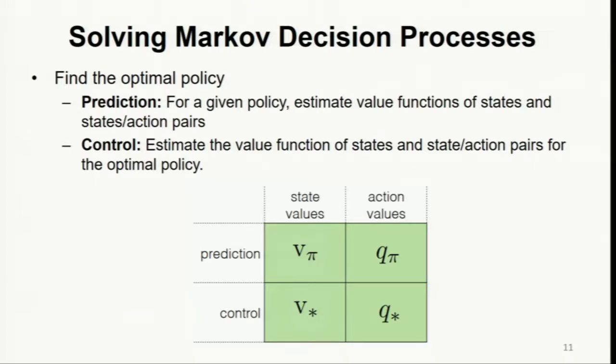We have 2 ways to do it. There are 2 objectives. The first one is called prediction. You are not allowed to find the policy, but I give you a policy, and then you estimate the value function of states and state-action pairs. This means that if I give you a policy, just tell me how good the policy is.